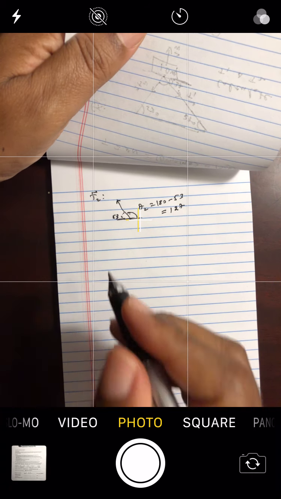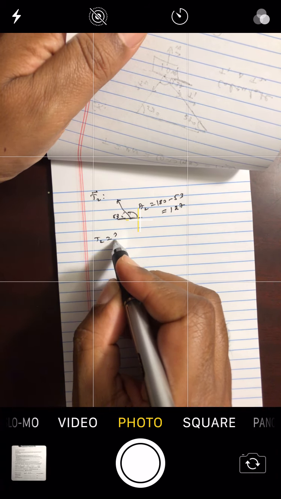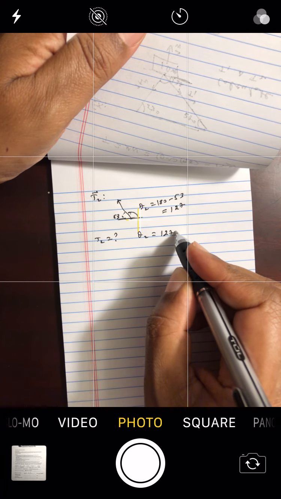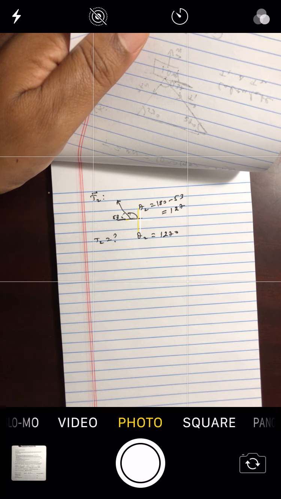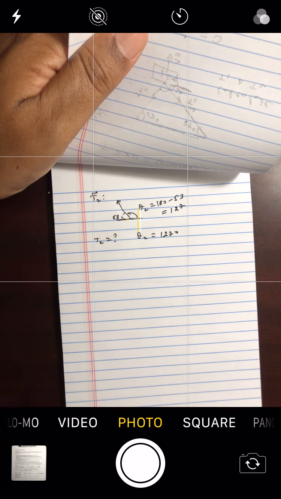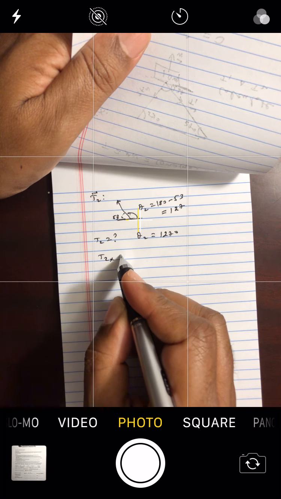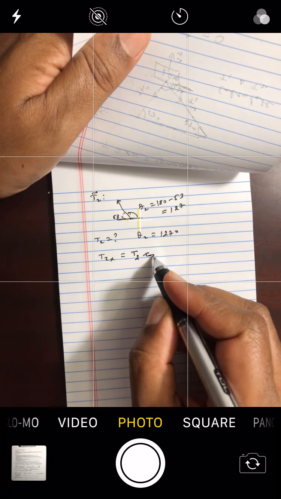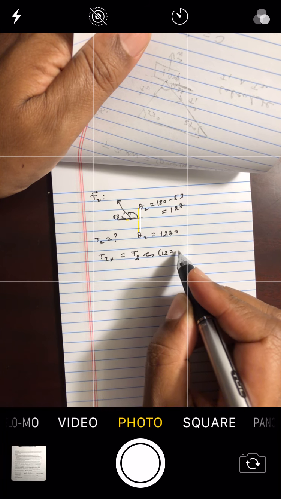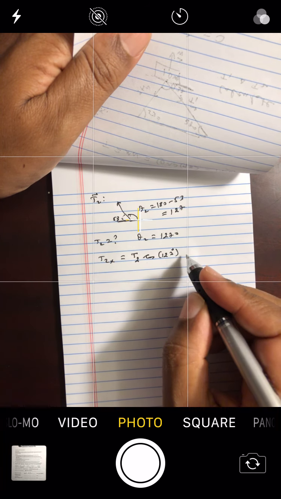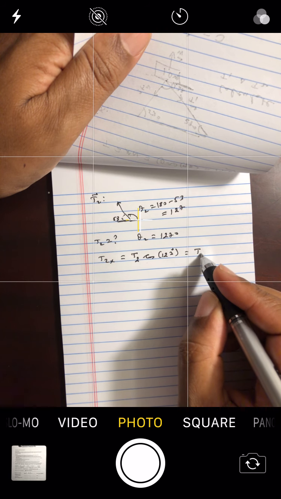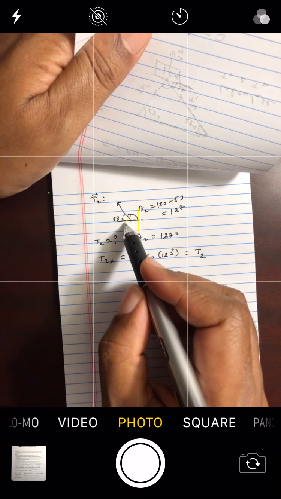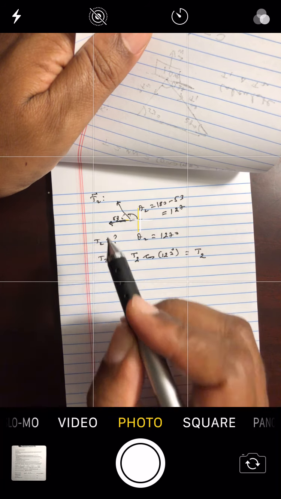All right, so what do we know about this force? This is unknown. We don't know its magnitude, but its direction is 127 degrees. So we have T2x equals the unknown force T2 times cosine of 127 degrees. Now, if you use your calculator, obviously this is going to be negative because it's going this way.